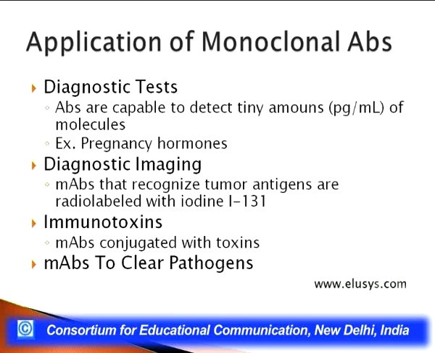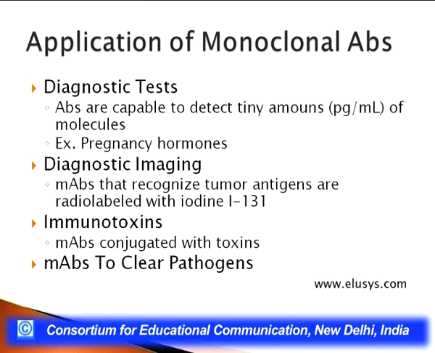Now, I want to elaborate on this. If monoclonal antibodies are tagged with certain toxins like ricin or shigella toxin, we know these are toxins. If these antibodies are specific to a particular tumor, they will go inside the body and bind to those tumor cells.